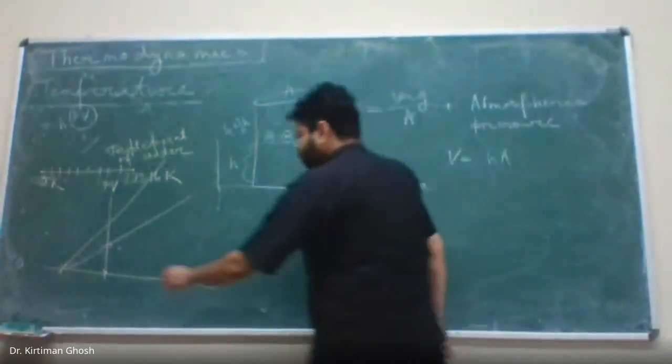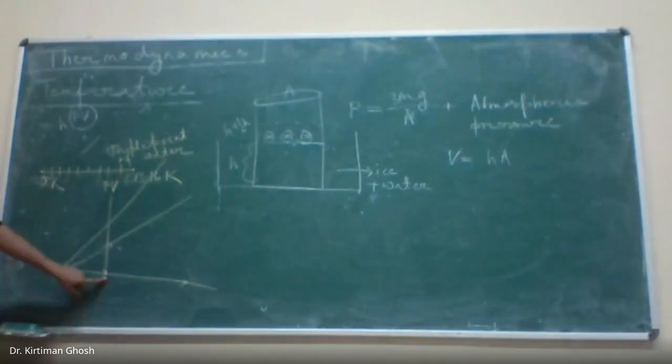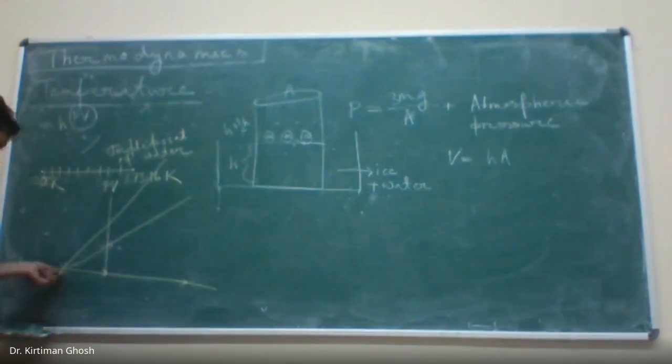So this zero, in the centigrade Celsius scale, is the melting point of ice. You can go beyond the melting point of ice; you will have minus temperatures. But doing this experiment, people find that something special happens at this point.